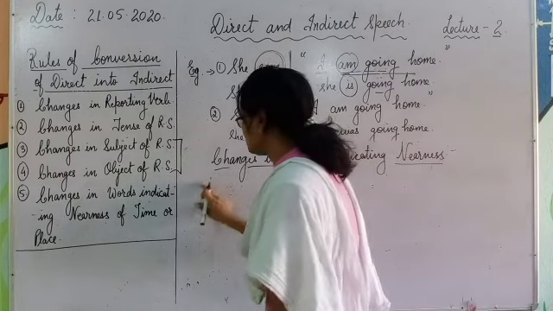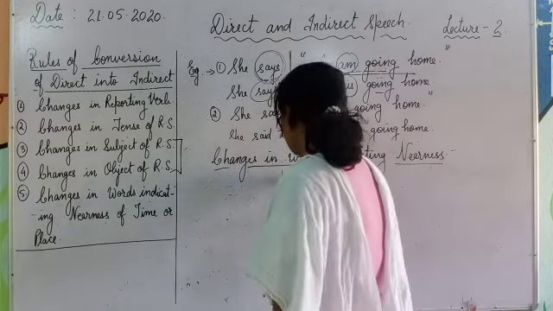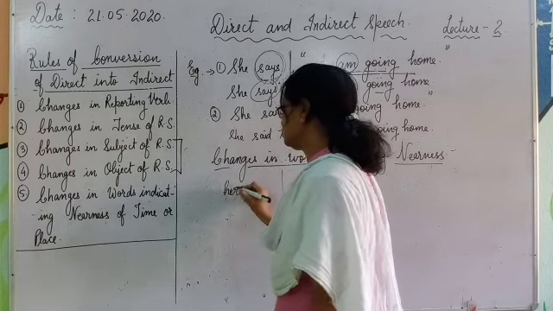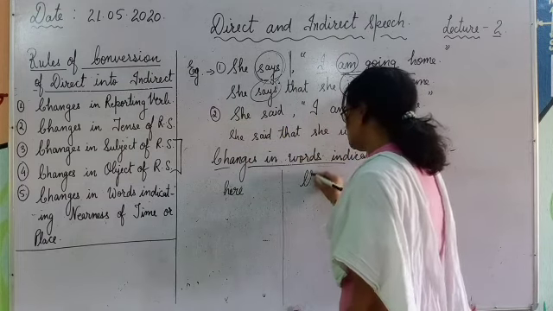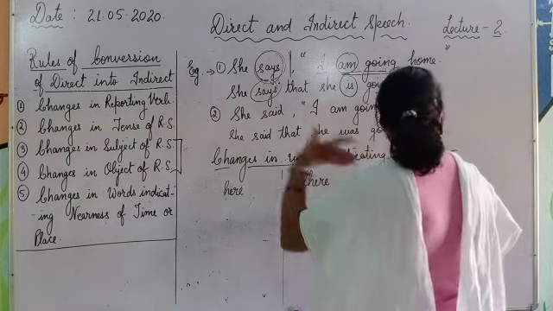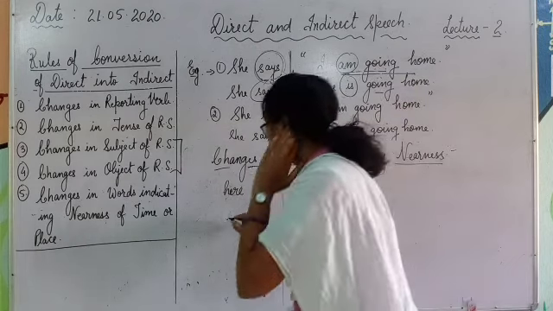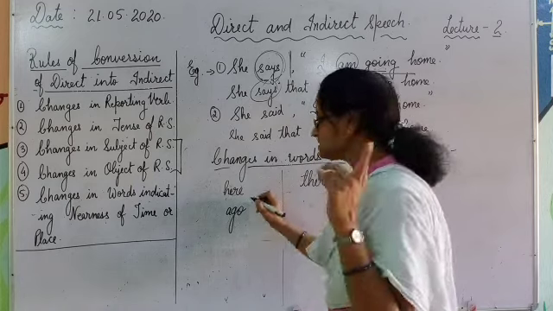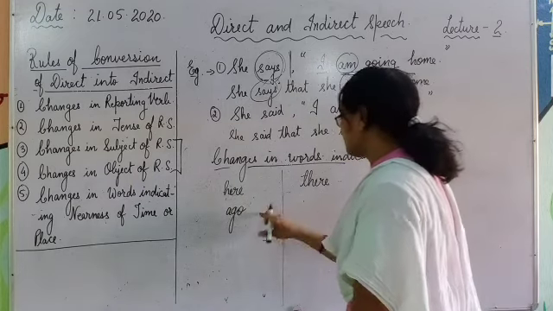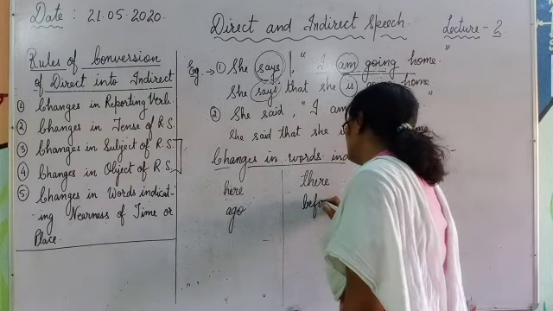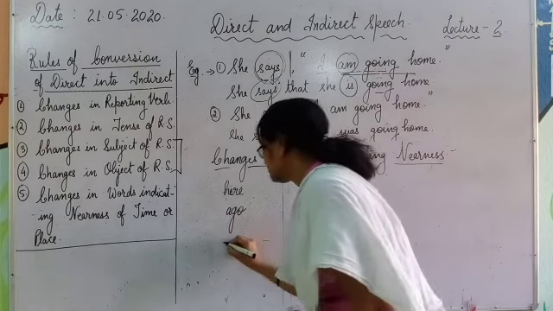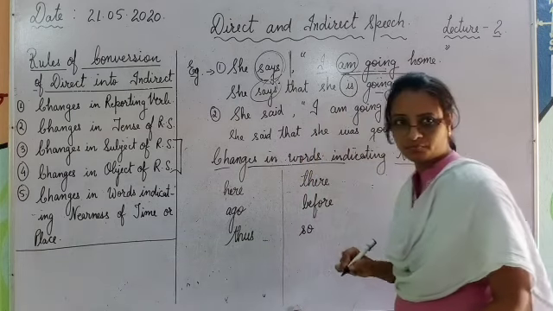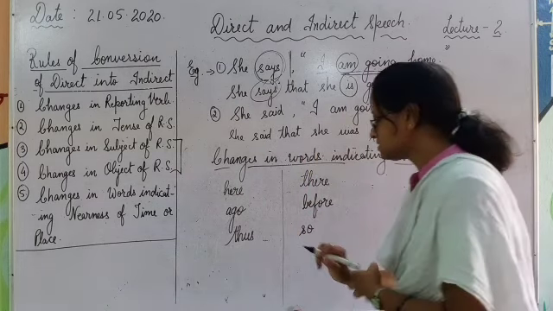Here, if it is here, meaning at this place, it will change into there, meaning at that place. Ago relates to time, and ago will change into before. Thus will change into so. This way we have to make the changes.